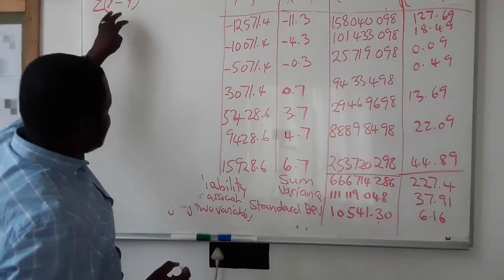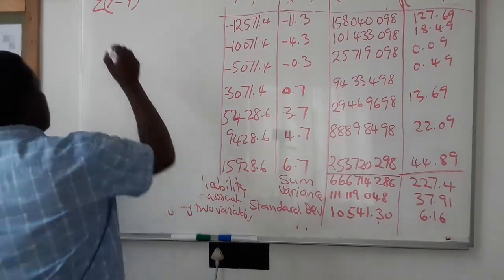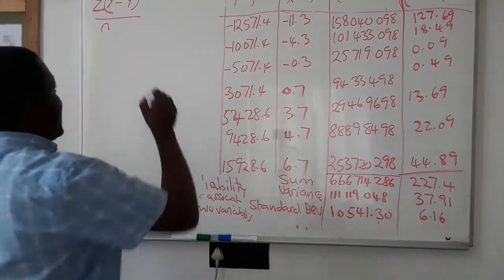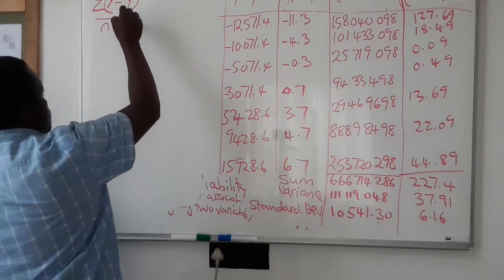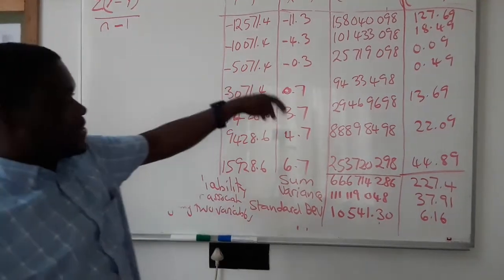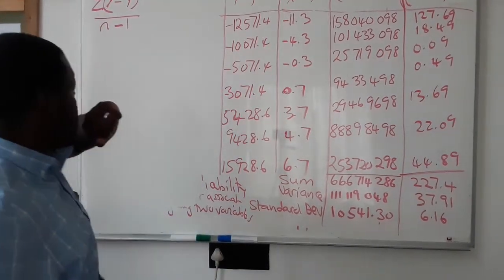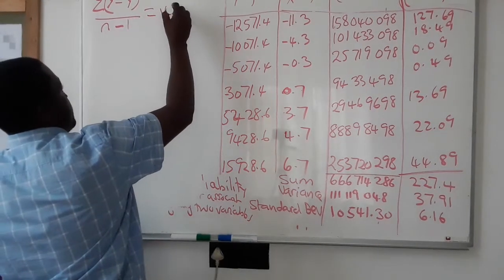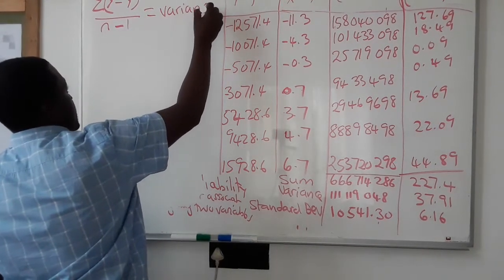Now, if I adjust this for degrees of freedom, I divide by the sample size and subtract 1 because I used the data to calculate the mean. This number here is called a variance, okay?